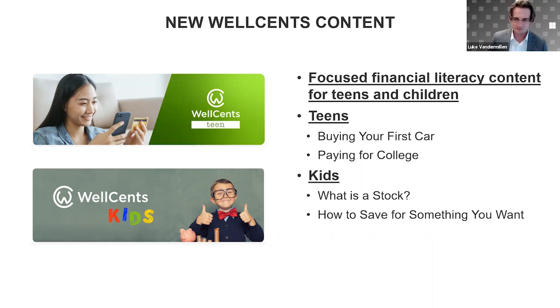And then lastly, I just want to make a quick note here. One of the things that we're working on right now with WellSense enhancements is adding the ability to segment the population of employees that take the WellSense assessment.